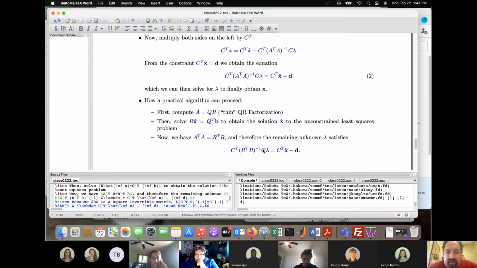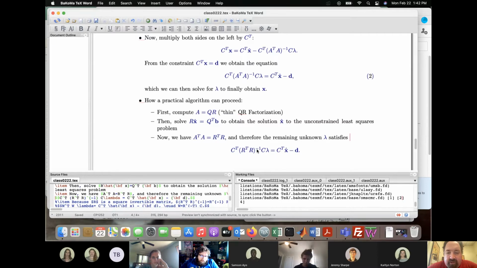Now you might think, well, how does that help? All I did was change A transpose A to R transpose R. It actually makes a huge difference. The reason is that A is m by n; think of it as a tall, thin matrix. R is a square matrix. What that lets me do is something I could not do up here.